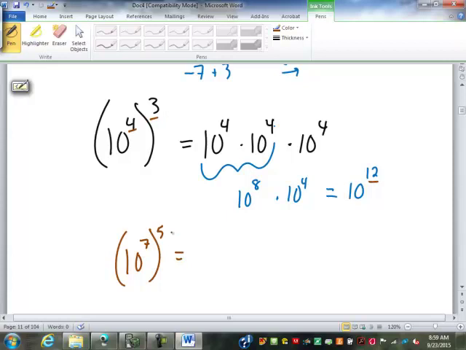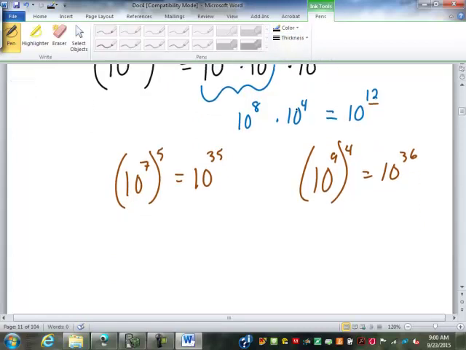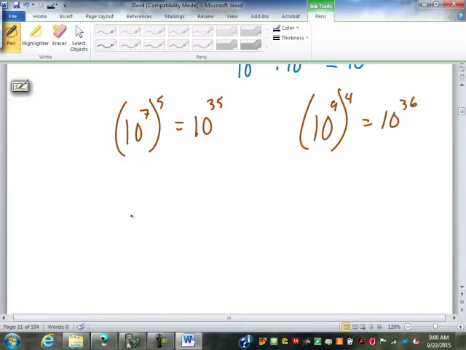So 10 to the 7th to the power of 5 is going to be 10 to the 35. Good. 10 to the 9th to the power of 4 is going to be 10 to the 9 times 4, which is 36. What's 10 to the negative 7 to the power of 5?